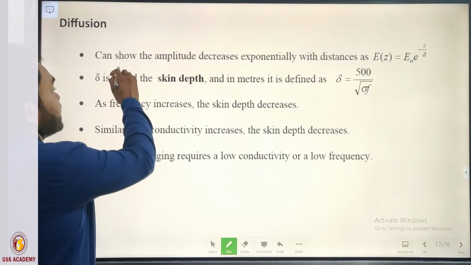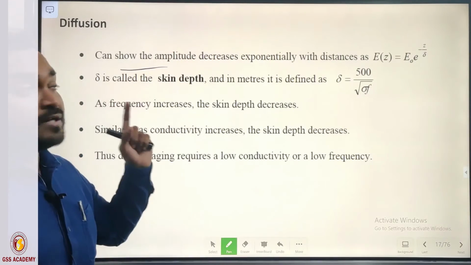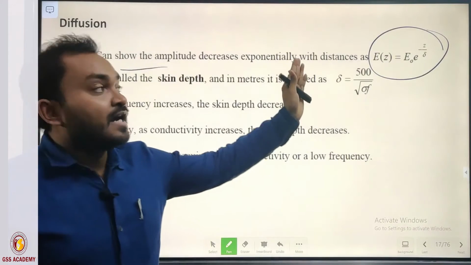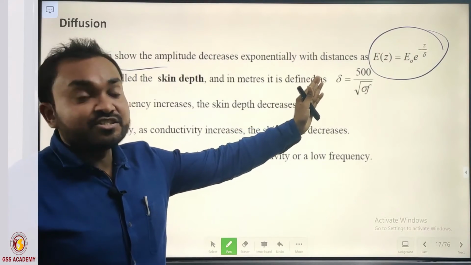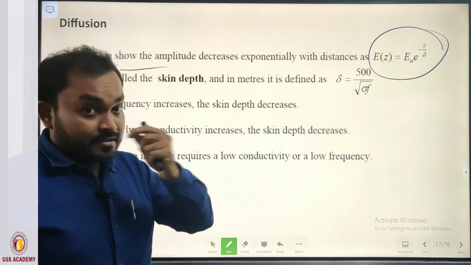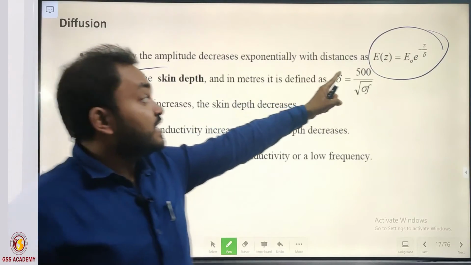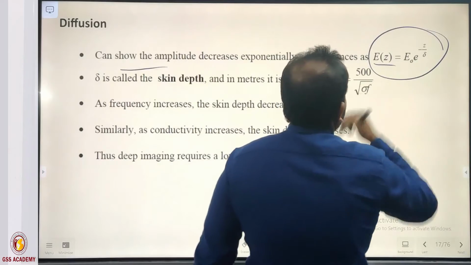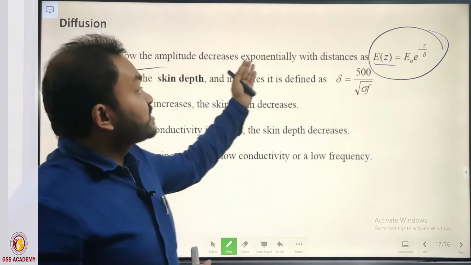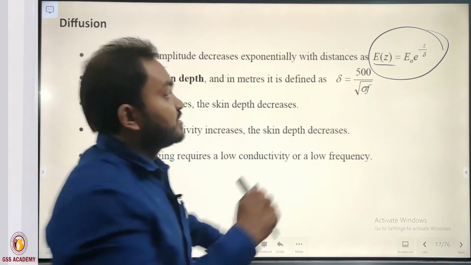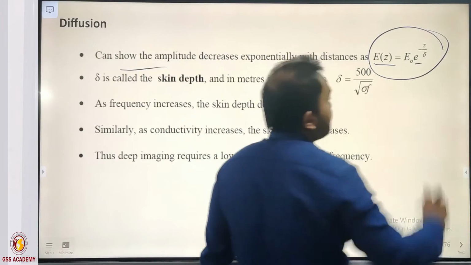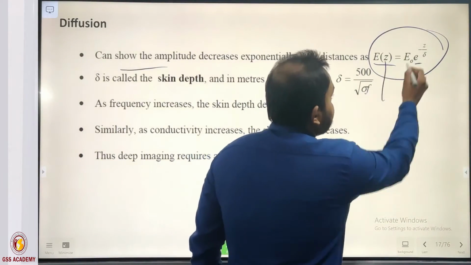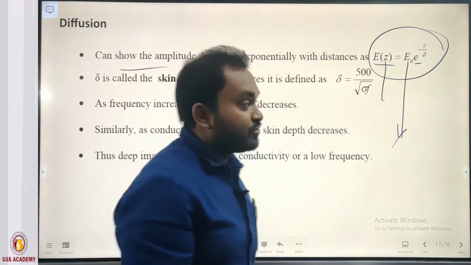So for diffusion, how the amplitude decreases, we can describe by using this particular equation, okay. So amplitude decreases exponentially. This is the exponential term, okay. This is the exponential term, and this is the initial amplitude, okay.